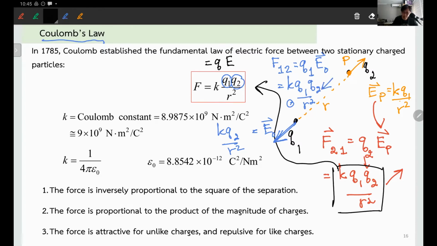But you can notice that actually this is once again this same one right here. So what I'm saying is this is the action and reaction force between two charges.